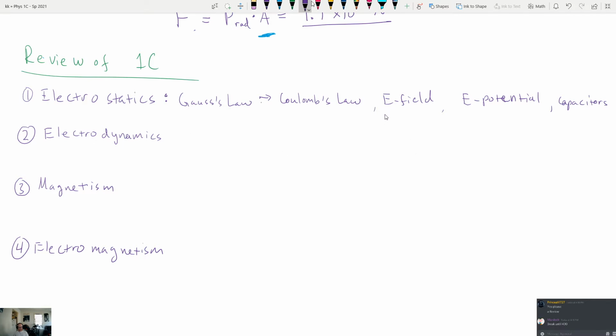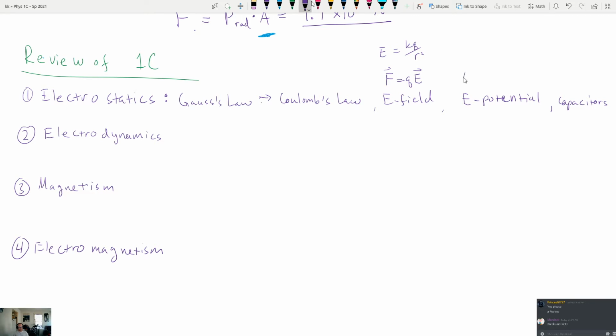The definition of the electric field is basically that the force placed on a charged particle is equal to the size of the electric field multiplied by the charge. Coulomb's law is contained within that idea, because if you can write down the electric field for a point charge, which we used over and over in this class, kq over r squared, then you can get from the definition of the electric field back to Coulomb's law.